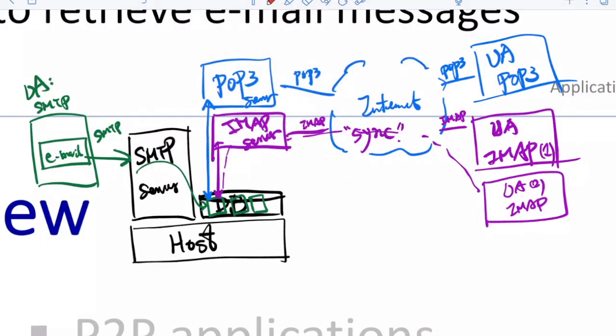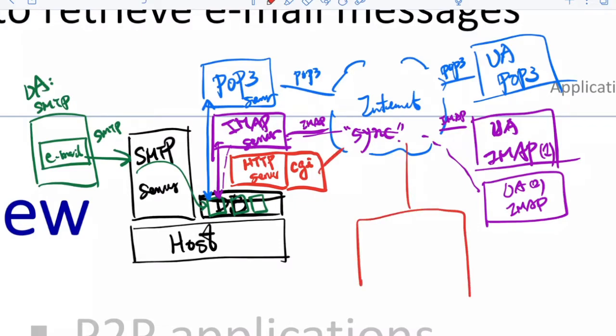But the current architecture might look like this. We have an HTTP server, and on the HTTP server there are a lot of CGI programs running on top of the HTTP server. They also communicate with the remote HTTP client, which is the browser.